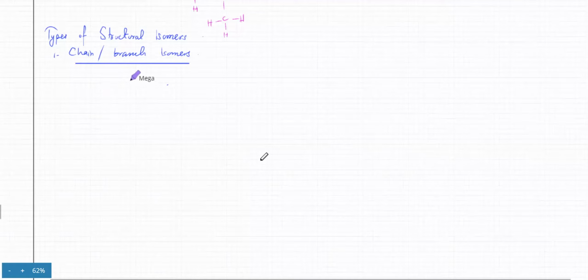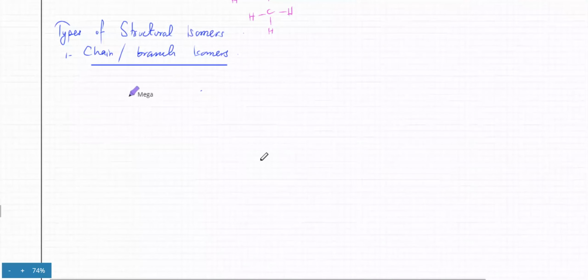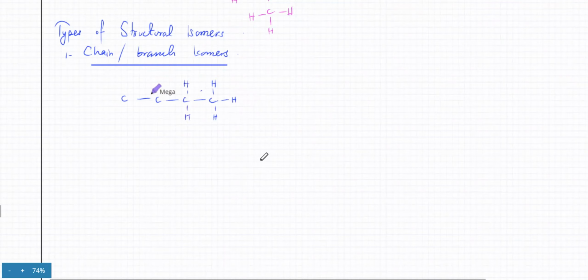What you simply do in a chain or branch isomer is that you change the carbon branches. So if you have 4 carbon atoms in a line, then an isomer of this molecule could be C4H10. This is C4H10. So an isomer of this molecule could be that you can have 3 carbon atoms in a line and the 4th carbon atom could be a branch.